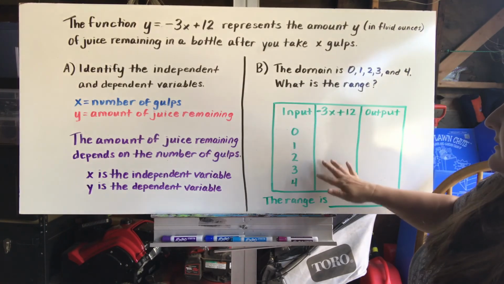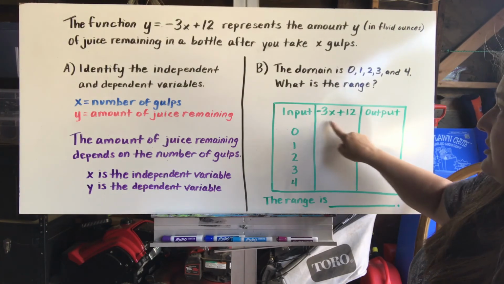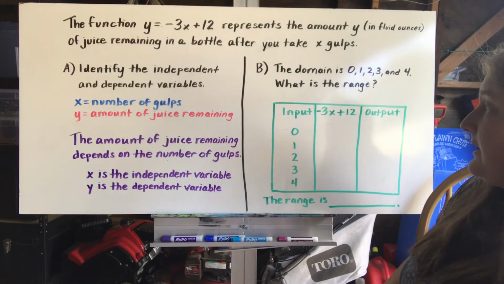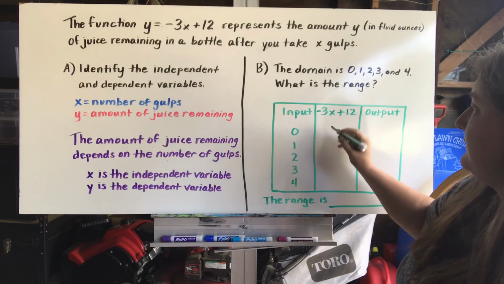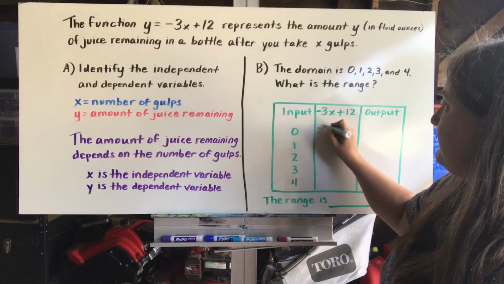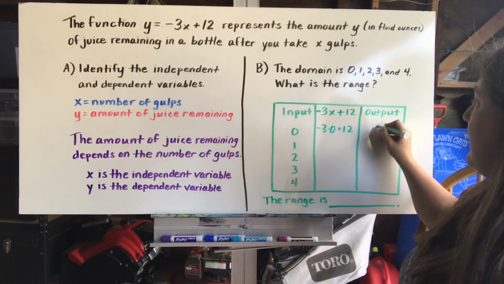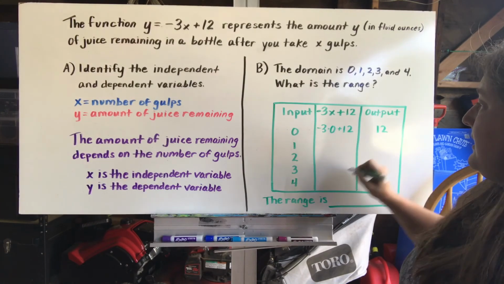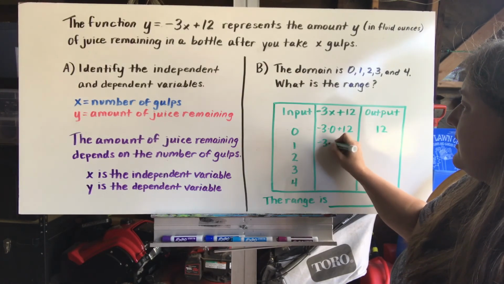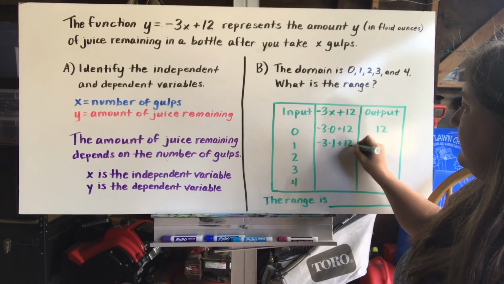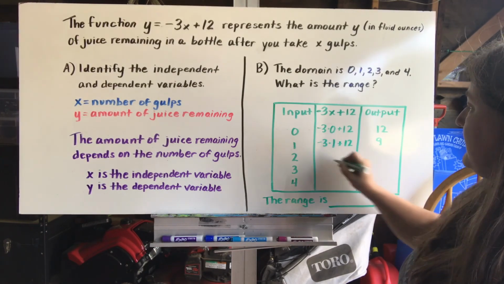I've made a little chart here, and we have our expression negative 3x plus 12, and this is going to help us get our outputs. So if our input is 0, we have negative 3 times 0 plus 12. This would give us an output of 12. If we put an input of 1 in here, negative 3 times 1 gulp plus 12 gives us 9.